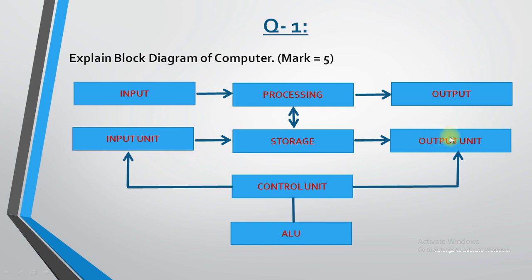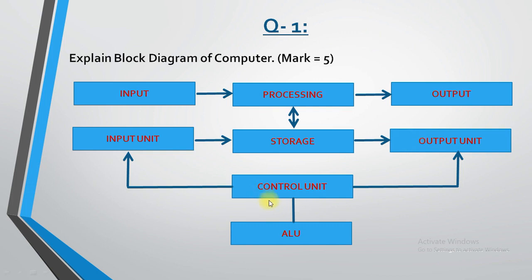Similarly, you have an output unit, and what is the function of the output unit? Whatever content you have stored inside the storage unit, after processing, there is a role of the output unit. It will produce output either on the screen or on other devices.